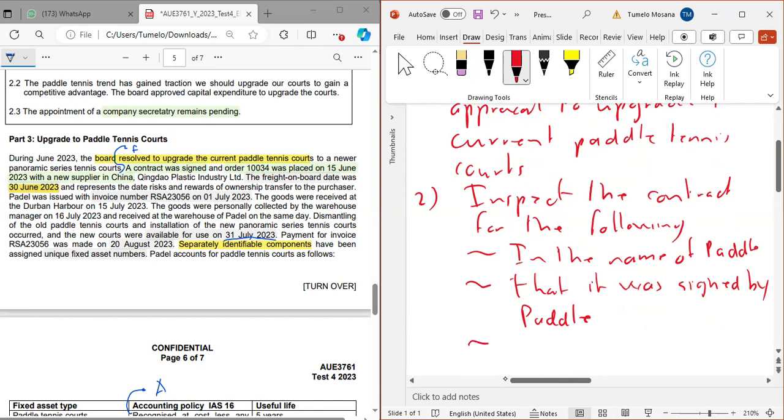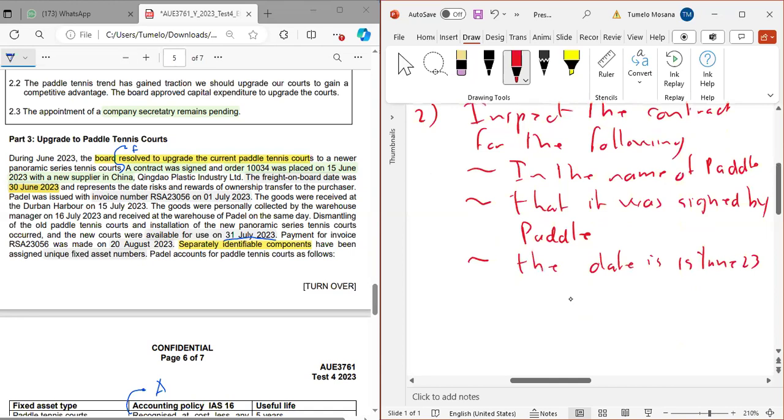You can also add that you could inspect the contract that the date is the 15th of June, 2023.